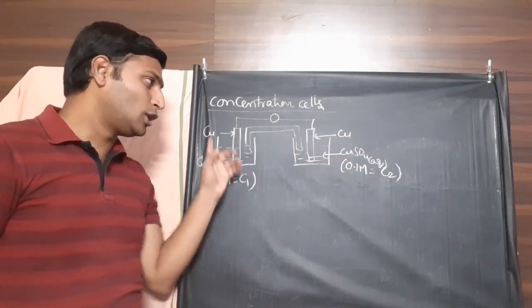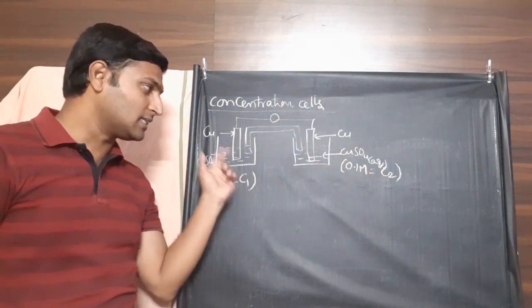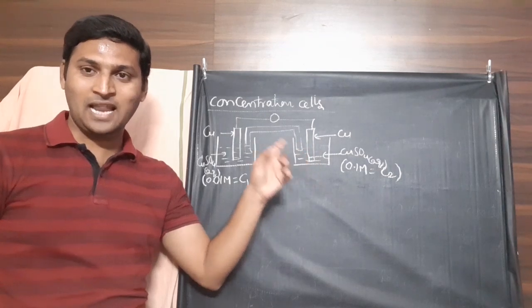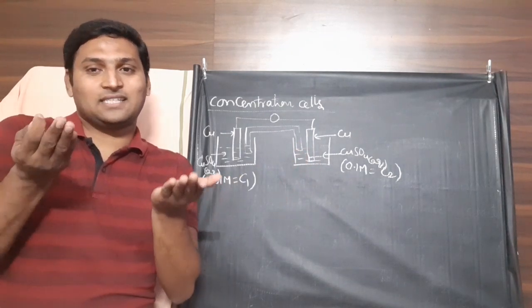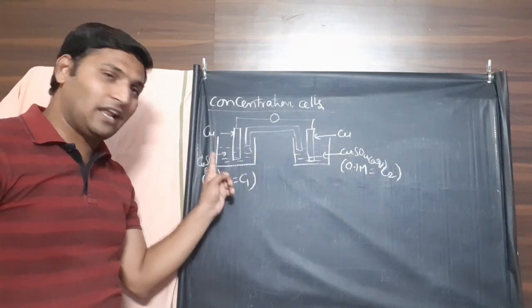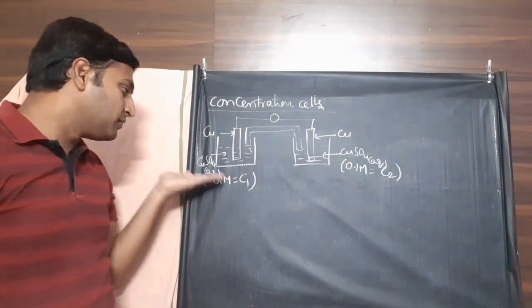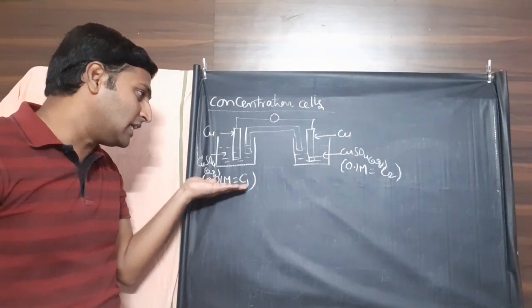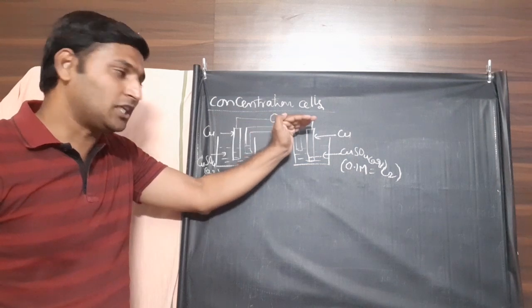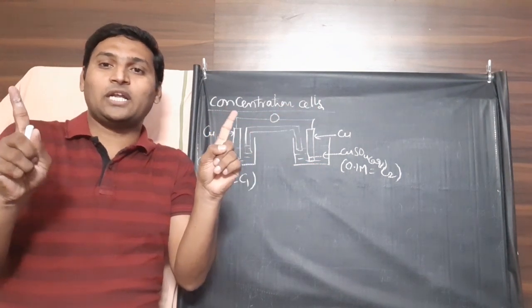I have got two solutions with different concentrations connected to each other. Now, they tend to equalize the concentration. The concentration of the left half vessel is lower than the concentration in the right half vessel. Then the concentration of the right half vessel tries to increase itself, and the concentration of the left half vessel tries to decrease itself, so that the potential will become equal.